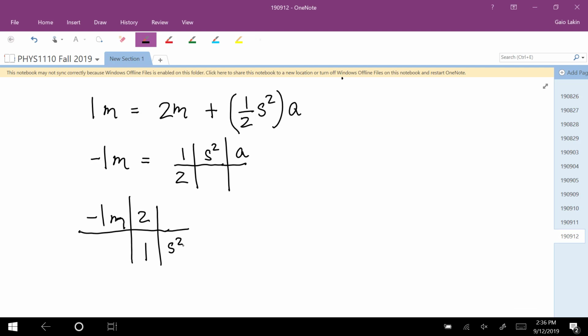But dividing by a fraction is the same as multiplying by that fraction's reciprocal. So I just multiplied both sides by the reciprocal of that, which is 2/1 with seconds squared now in the denominator. And that's what it looks like if I write it all out in that form that we use for unit conversions.